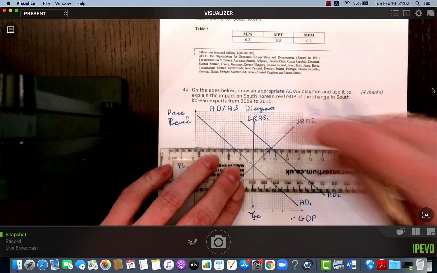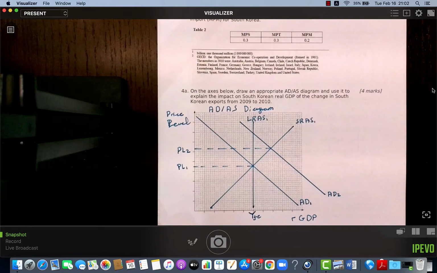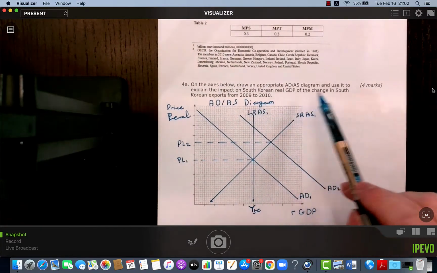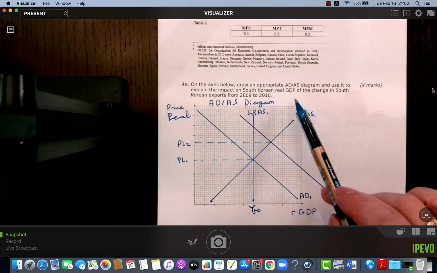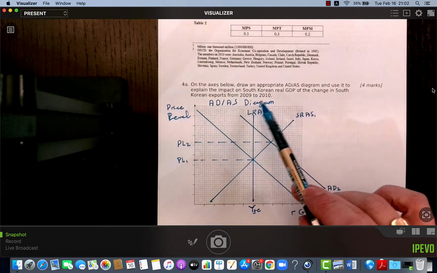Now, in the question, I can understand when you're stressed and you may be tired, and I'm always advising to make sure you have a good night's sleep and all that kind of stuff. But it says, on the axis below, draw an appropriate ADAS diagram to explain the impact on South Korean real GDP. So it's asking as a result of the change in exports, but it's saying show what has happened to real GDP.